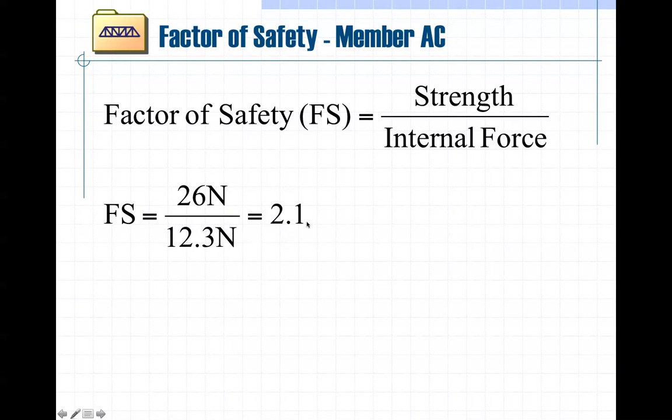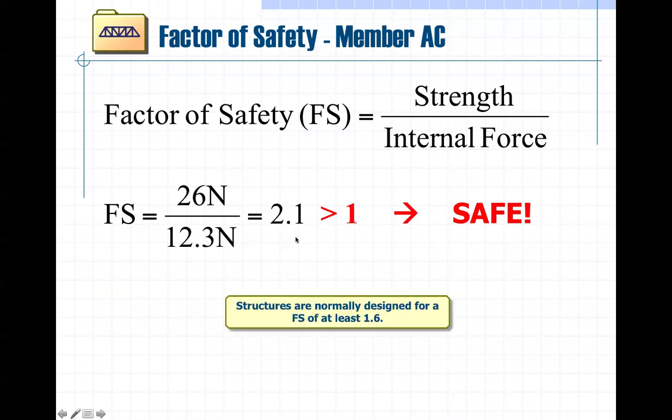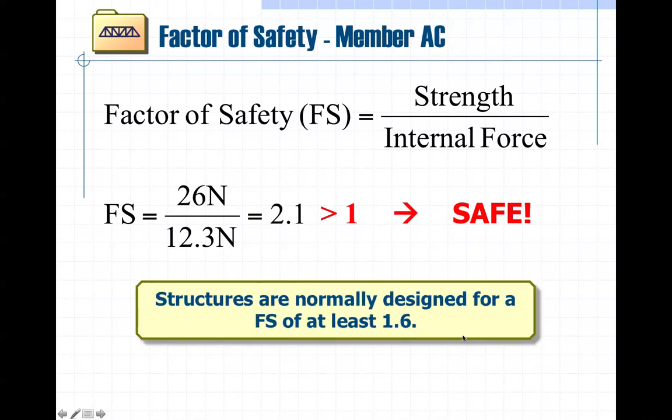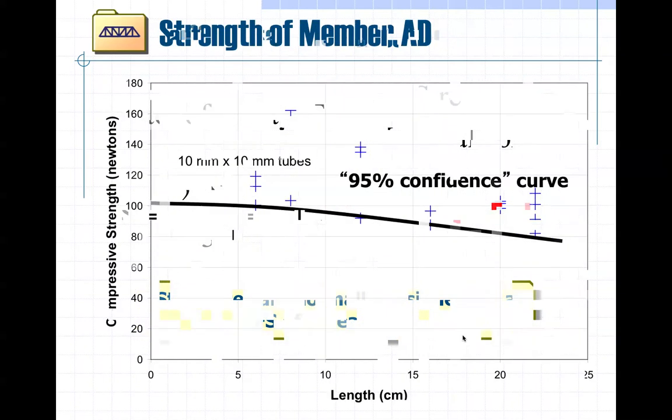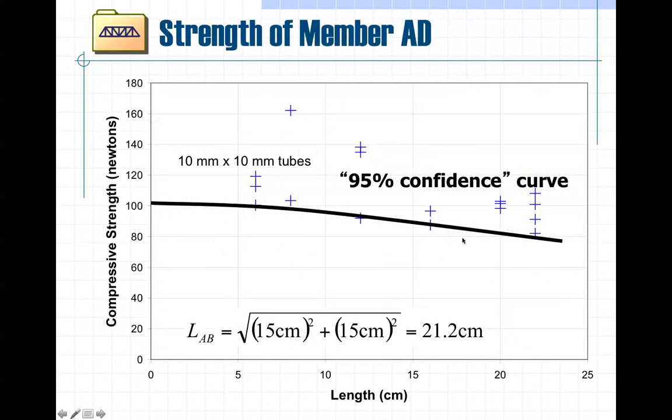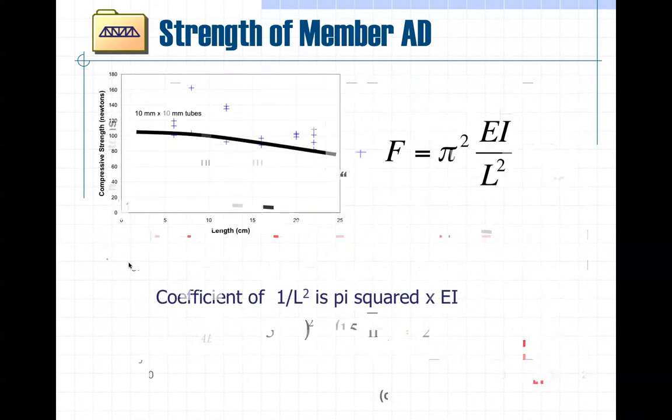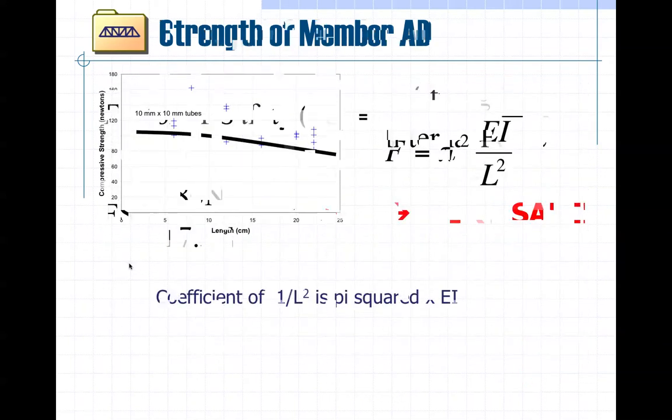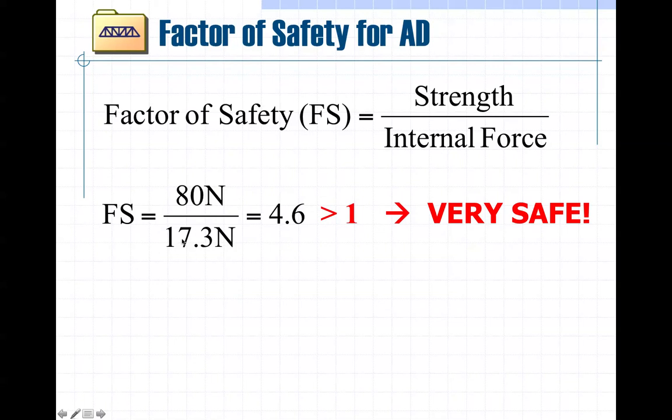So the factor of safety they used was 2. So it's okay. Typically it's about 1.6, as I mentioned in class the other day. For the tubes, the length of the tubes is 21 centimeters, can withstand 80 newtons. It only needs to withstand 17 newtons, so the factor of safety there is quite a bit. You probably could have used a smaller tube.